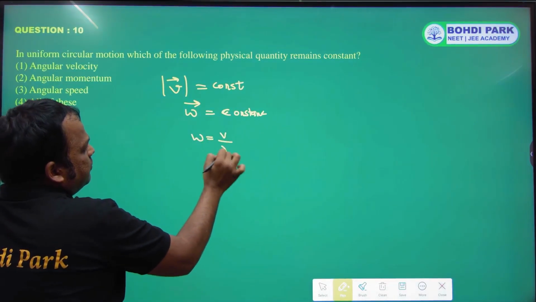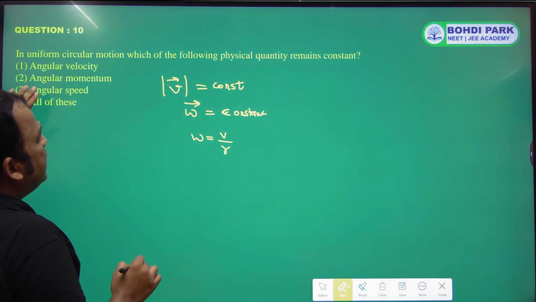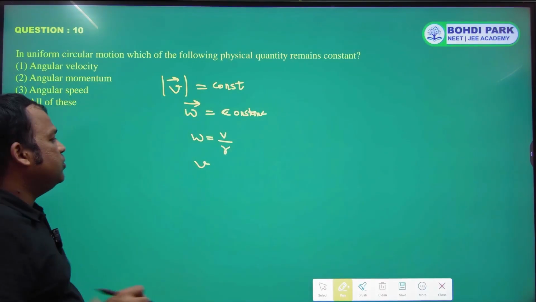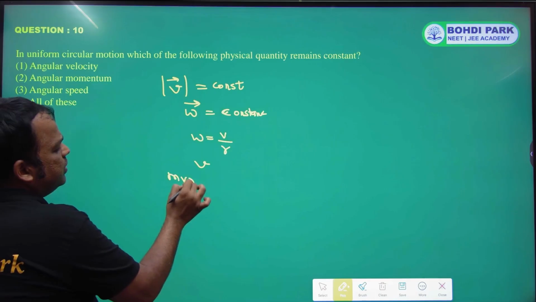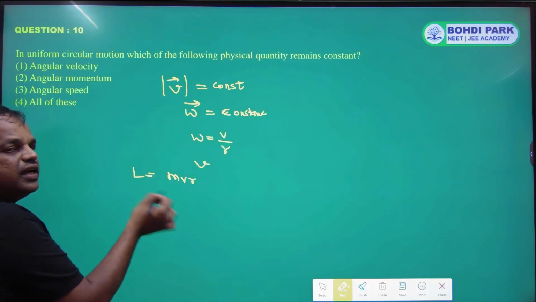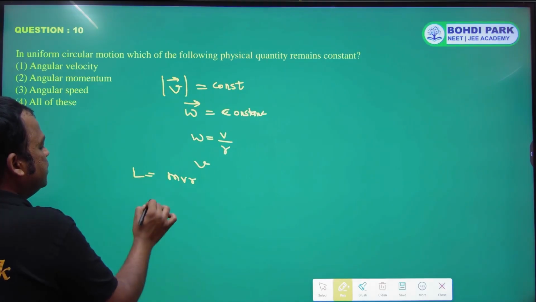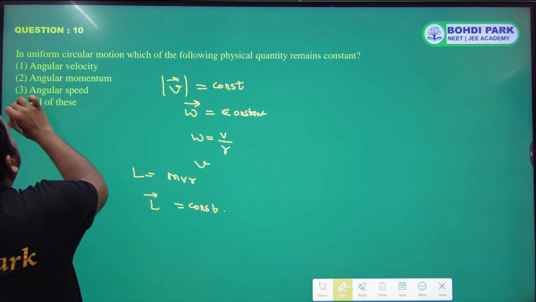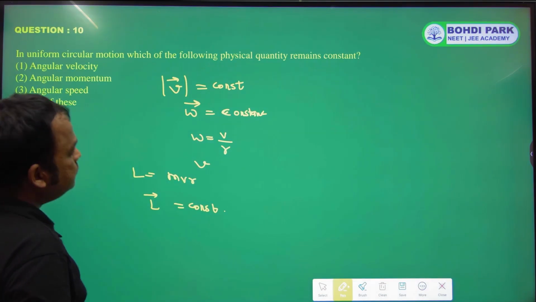Omega is equal to V by R. Angular speed is constant. Angular momentum also constant, because angular momentum is equal to mvr. So speed is constant and direction also constant. So L vector is constant. So all of these. Done.